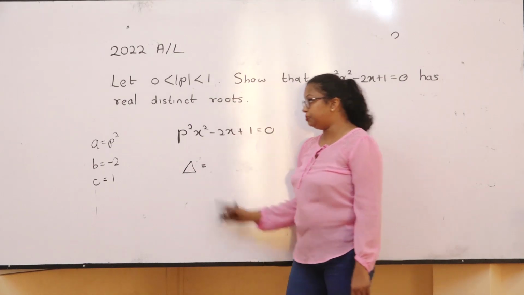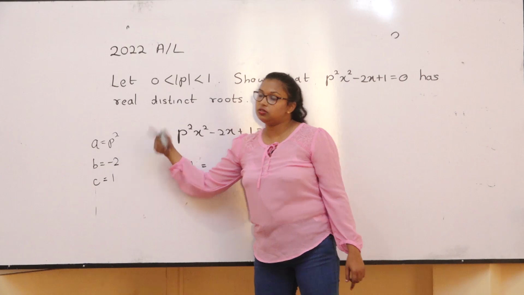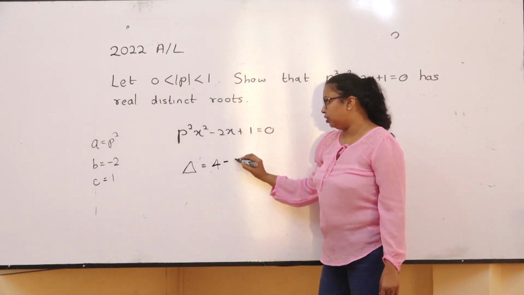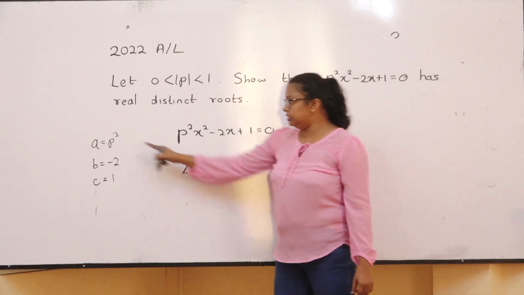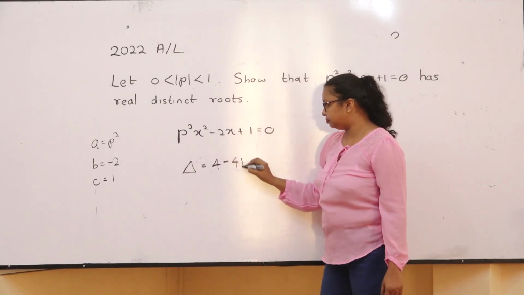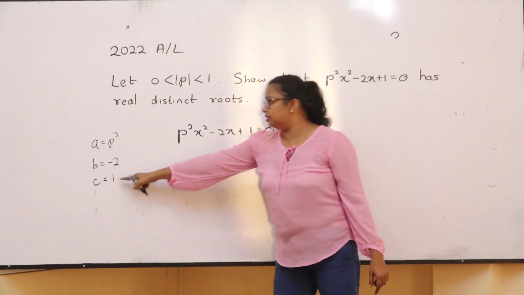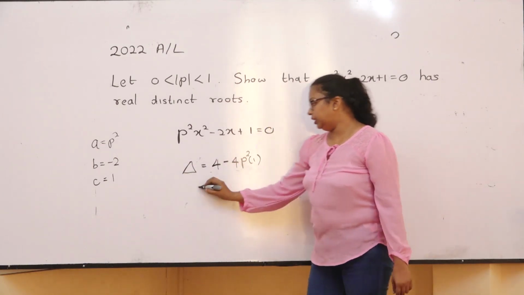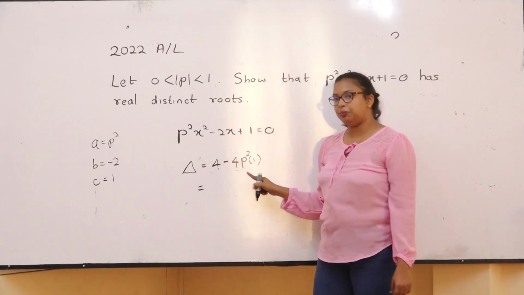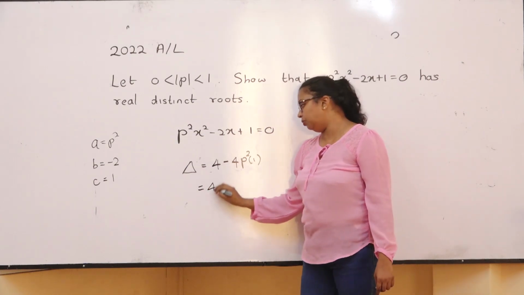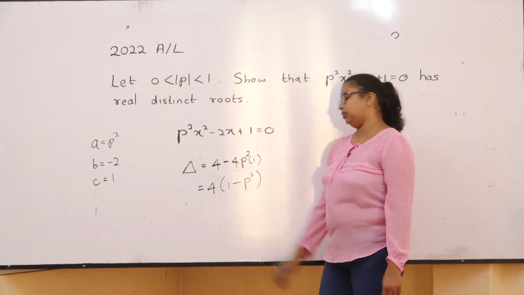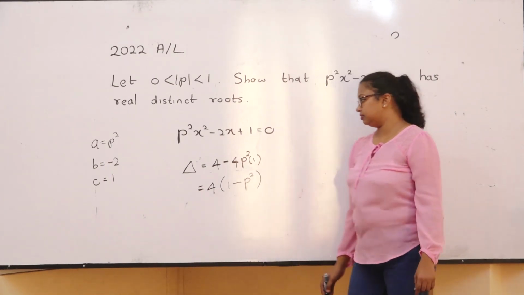Discriminant is equal to b squared, minus 2 squared, that means 4, minus 4 into a, which is p squared, c means 1, right. So, we are getting the answer as 4 minus 4p squared. 4 is common, I will take it out: 4 times 1 minus p squared, right.